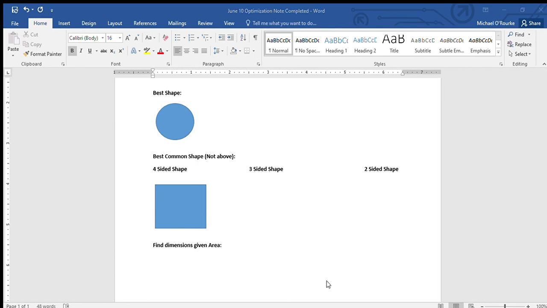So what we're going to do here is I've set up this little formula to give us, if we give it a length and a width, it's going to give us the area already done. So we're looking for a 4-sided shape. So if we give it a length of 1, now length and width are going to equal 50 because we have 2 of each, right?